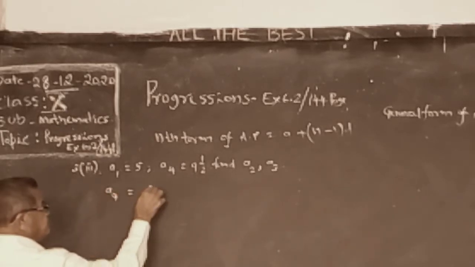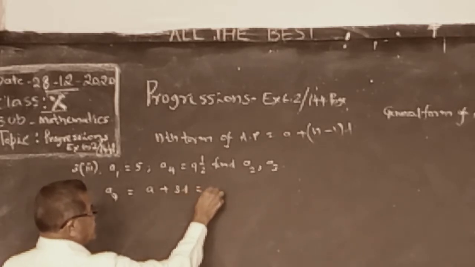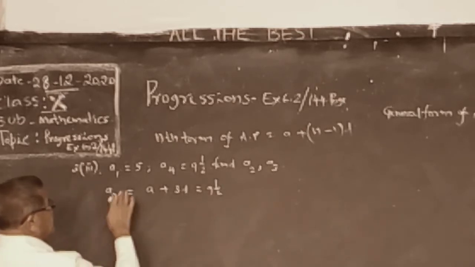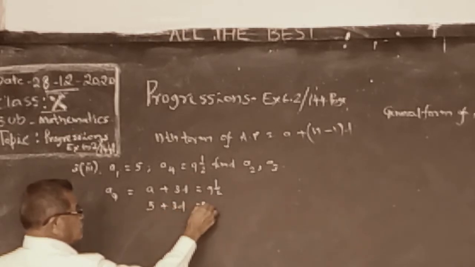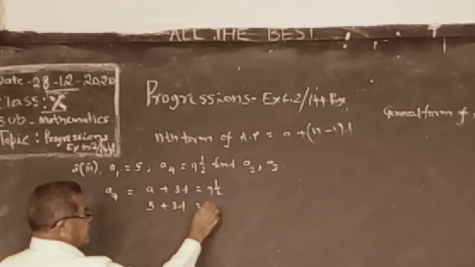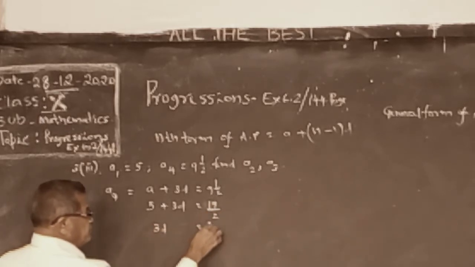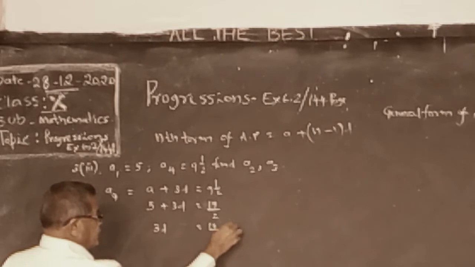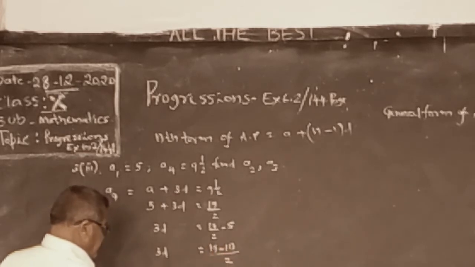A4 is equal to A plus 3D is equal to given 9.5, and A value given 5 plus 3D is equal to 9.5 can be written as 19 by 2. 3D is equal to 19 by 2 minus 5. 3D is equal to 19 minus 10 by 2. 3D is equal to 9 by 2.